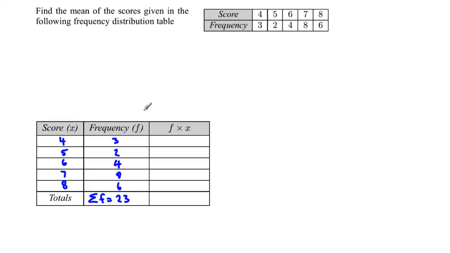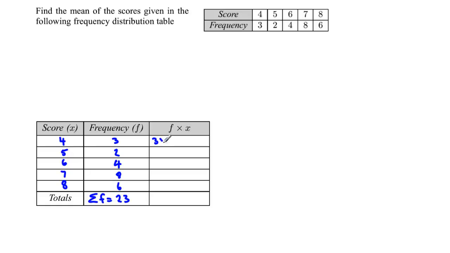All right, now the next thing we need to have a look at is the F times X column. What is it? It's just a matter of taking the score and timesing by the frequency.